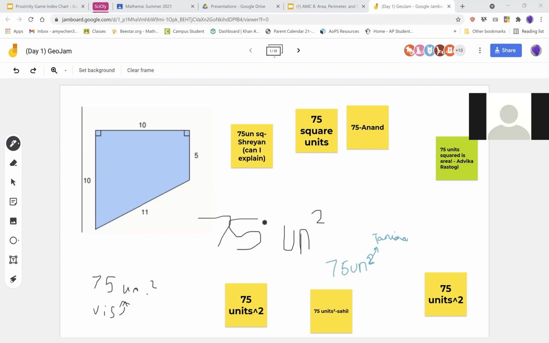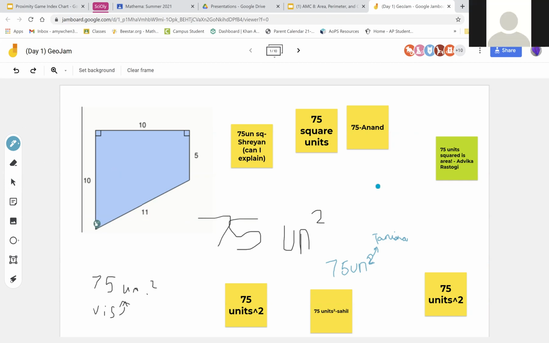Okay, so let me just open it. There are two ways to do this. One is the really slow and not fun way of drawing a line here and solving the area of both of these areas. But what I did was I duplicated this shape and flipped it over and attached it to this side. Something like this.